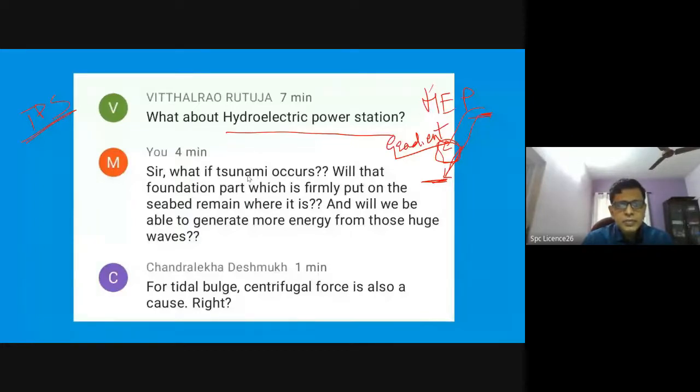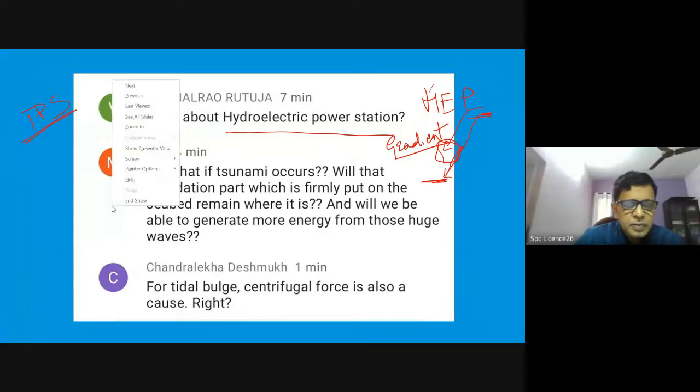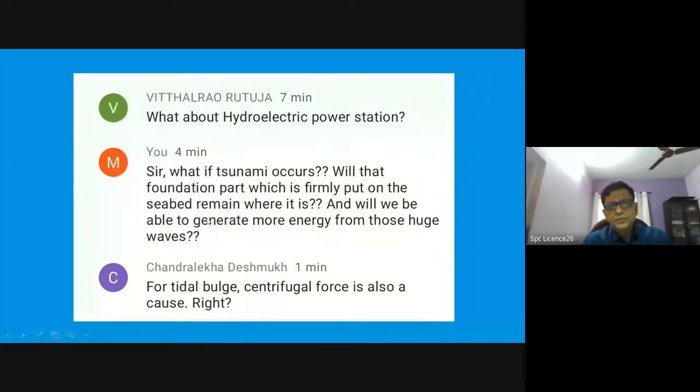This again is an interesting question. We did see that small clip on generation of electric power out of waves. I would say that there are a few ifs and buts with this question, because the very reason wave power generation is not very popular is the reasons you have identified in your question.